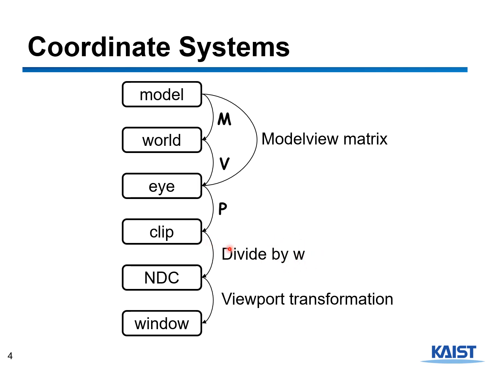Then we get the NDC coordinates. And then we perform the viewport transformation, which we talked about near the beginning of this computer graphics course. Then we compute the color or the index in each window pixel space, basically the screen space.